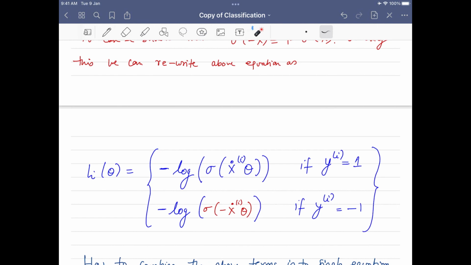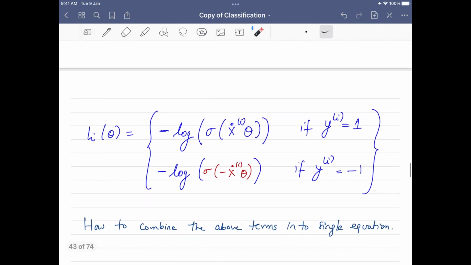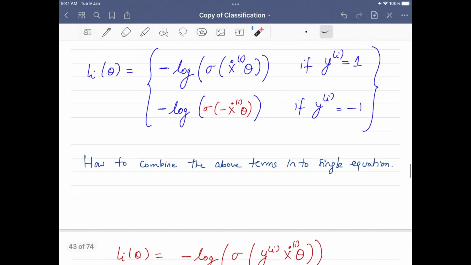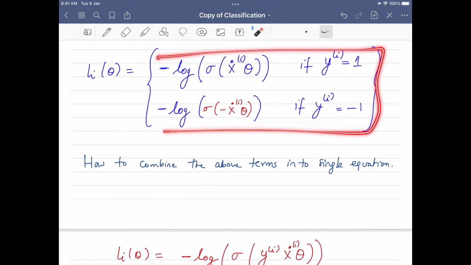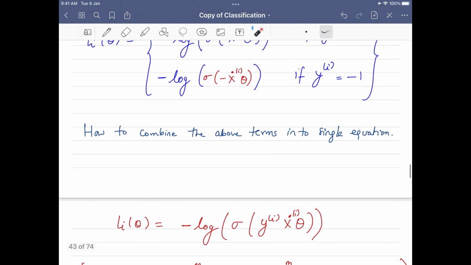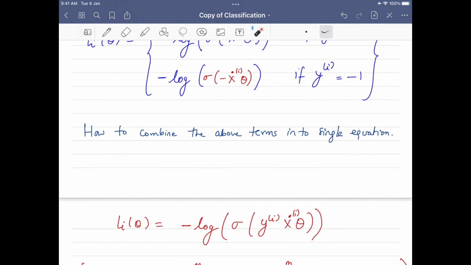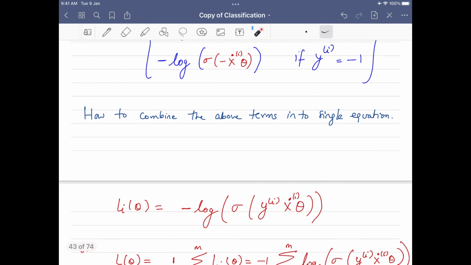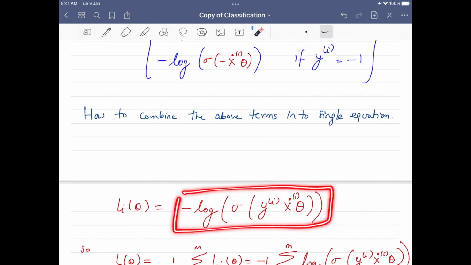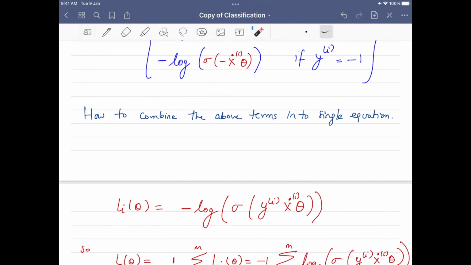The way we did it for the binary cross entropy, the same we have to do here. So in order to do this, we combine these two expressions into a single expression using this expression here. So here you see we have minus log sigma of yi multiplied with xi theta.